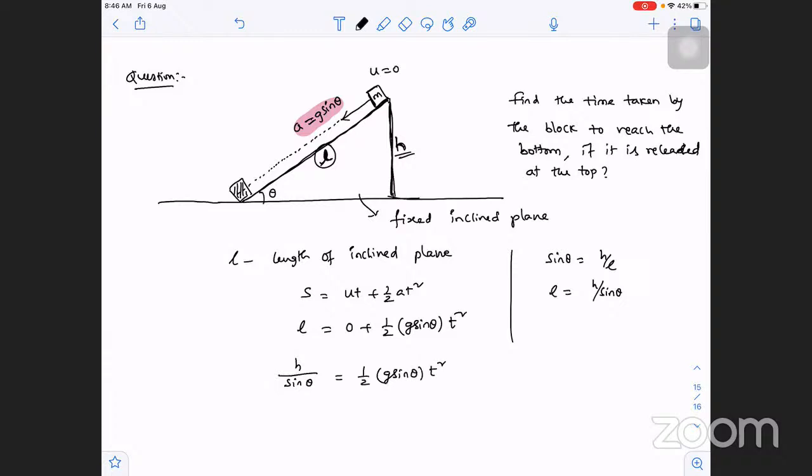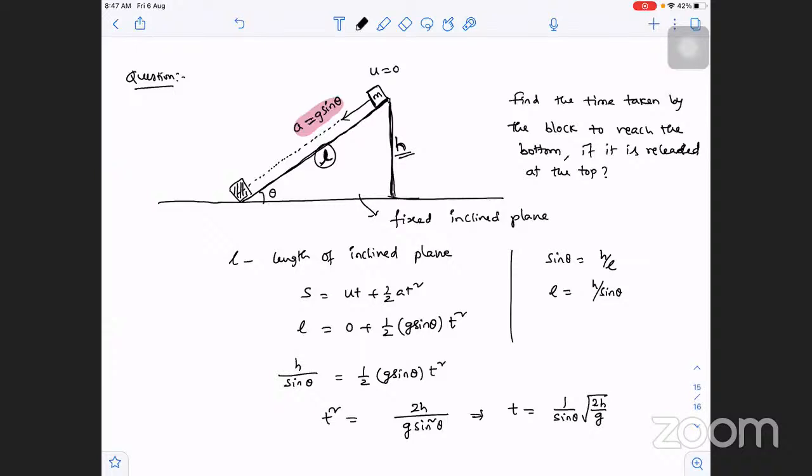This side does not cancel purely. Then what is t square? I can write t square as 2H by g sin square theta. Then what is the time taken to reach the bottom? The time taken is 1 by sin theta under root 2H by g.